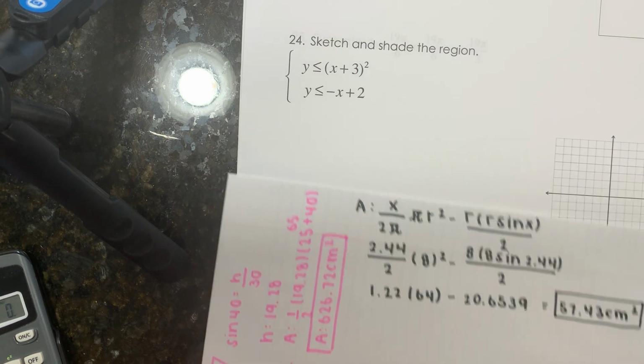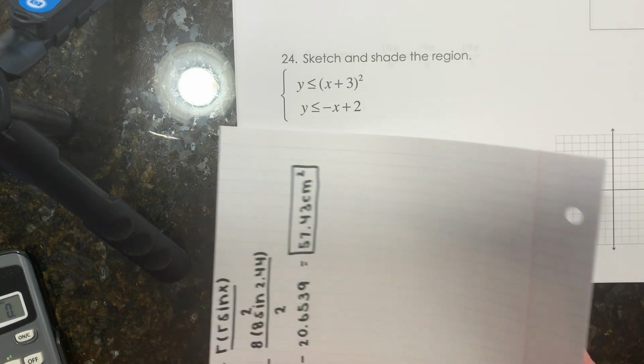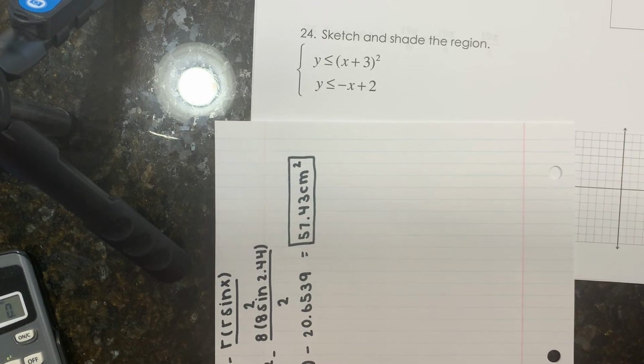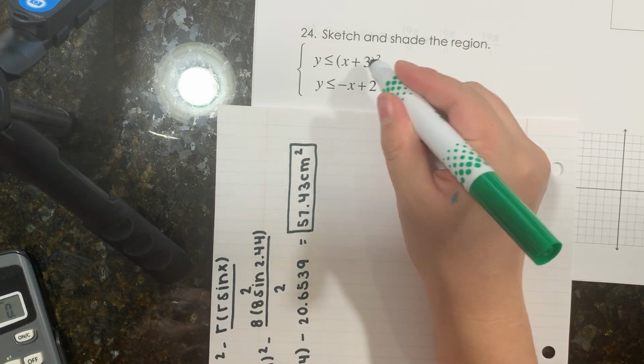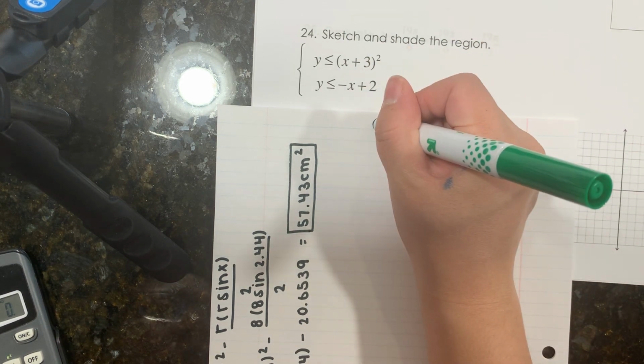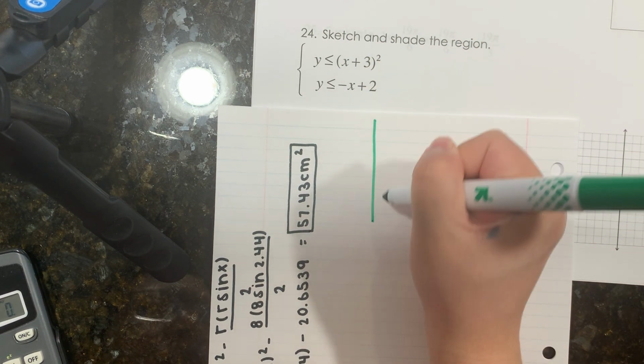Now moving on, we're going to look at number 24. We actually need to graph both of these. And the first one's going to be a parabola. And because it's squared, it's going to be centered at -3.